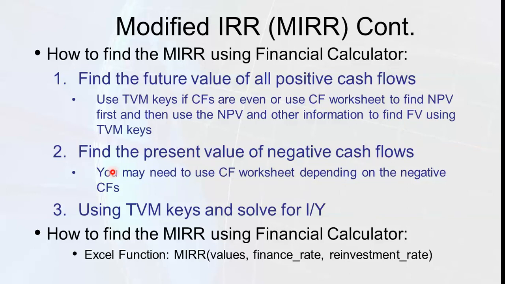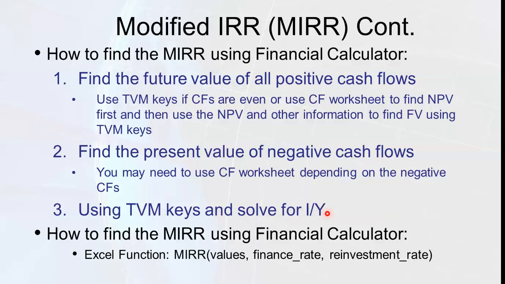Number two, you're going to be finding the present value of negative cash flows. In step three, use the information you received from step one, step two, and other information, use the 5 keys in your calculator and solve for I/Y.